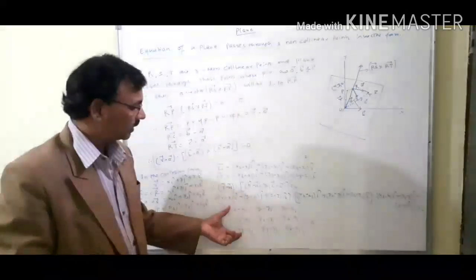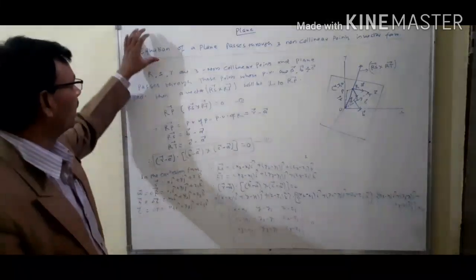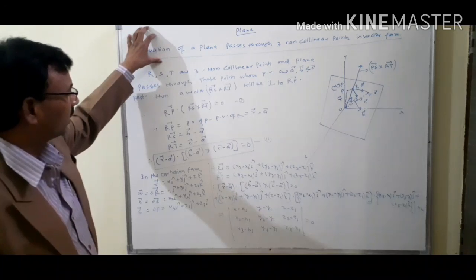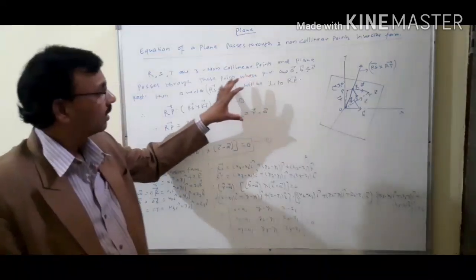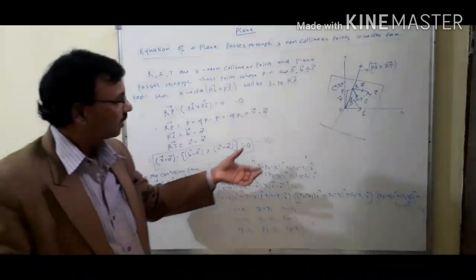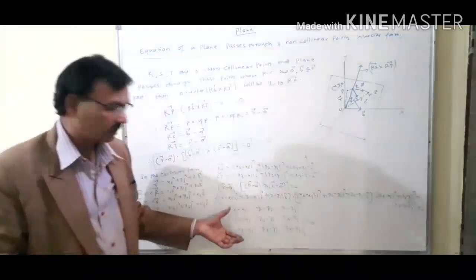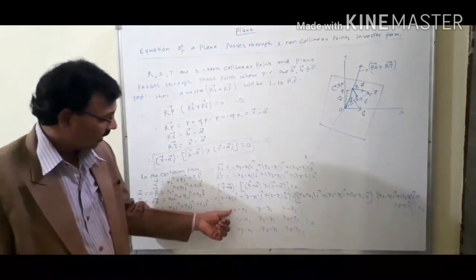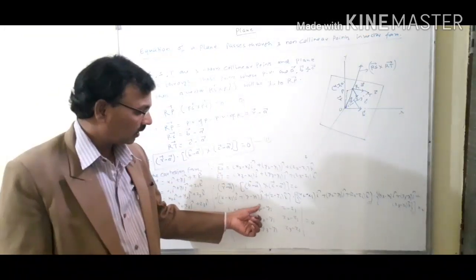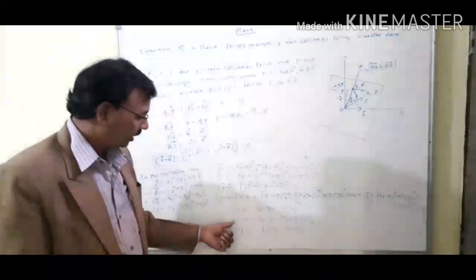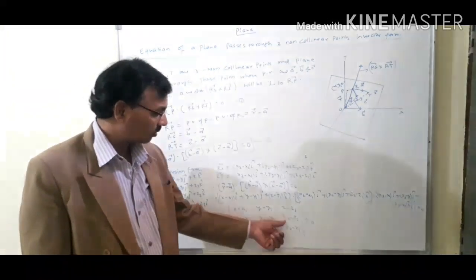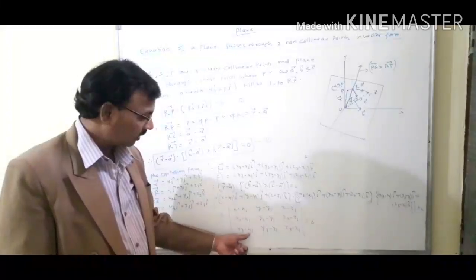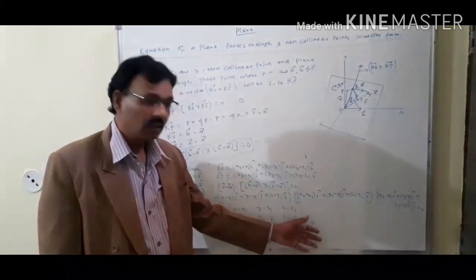So we can say that if a plane passes through three non-collinear points, then the equation of that plane in the Cartesian form will be this determinant equal to 0.